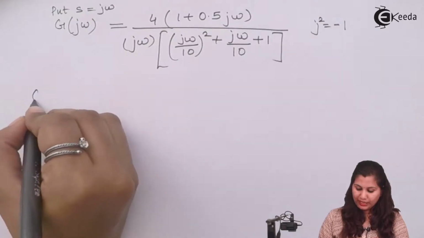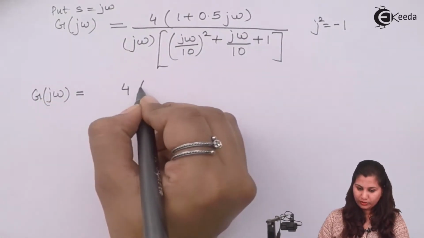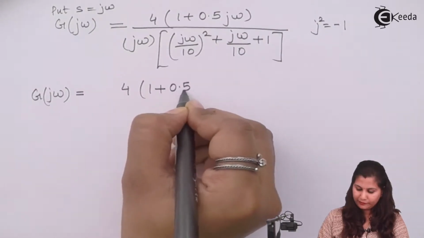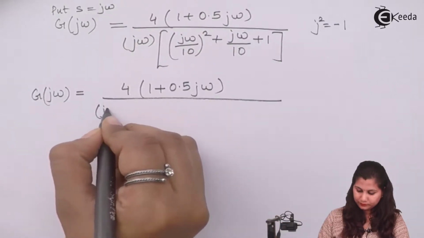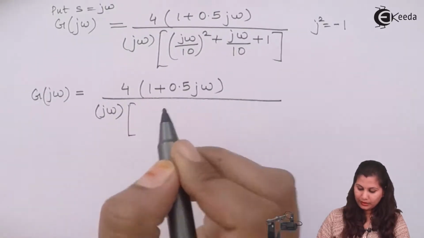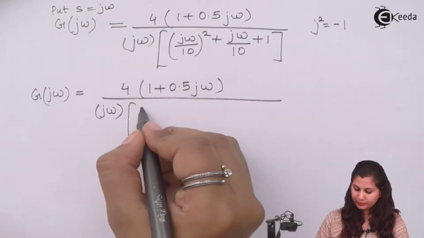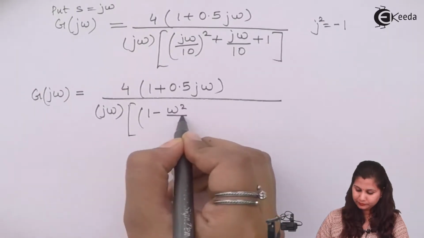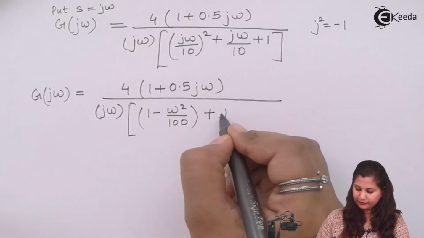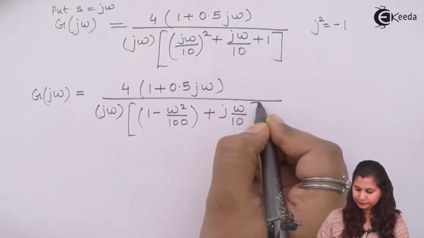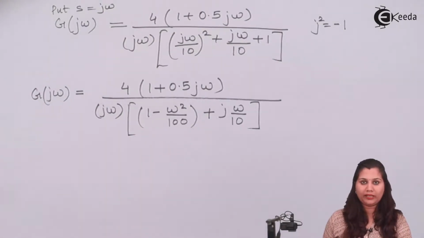So we will have G(jω) equals 4(1 + 0.5jω) upon (1 − ω²/100 + jω/10). So we have obtained G(jω) here.